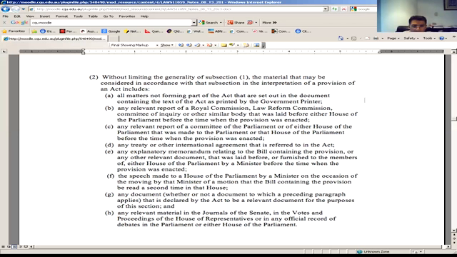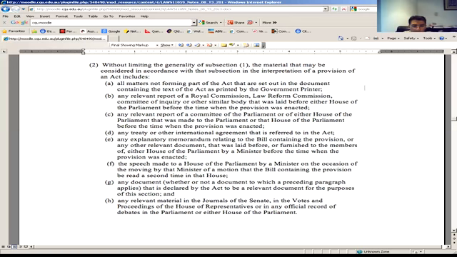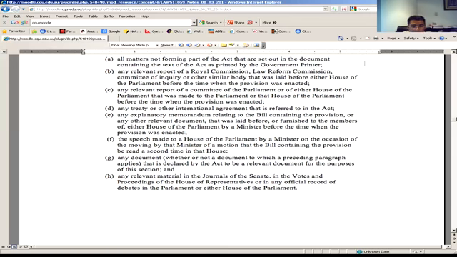A relevant report of a Royal Commission, a Law Reform Commission, a committee of inquiry or other body that was put before the House and the Parliament, report of the Parliament, explanatory memorandum, treaty or other international agreement, a speech made to the House of Parliament by a minister.